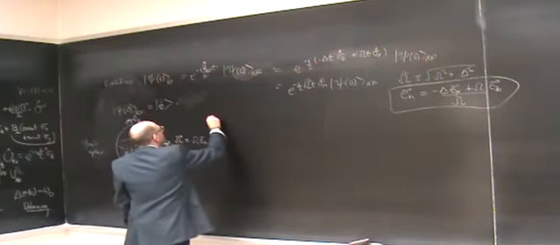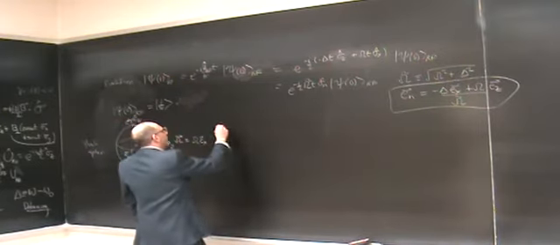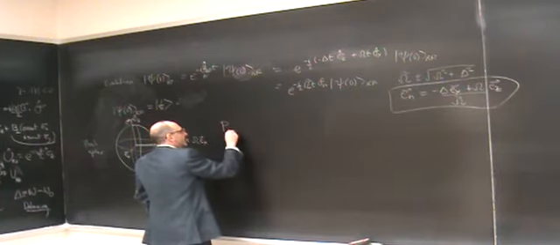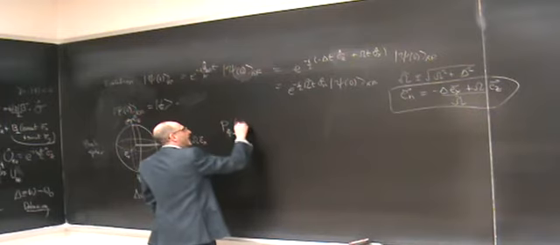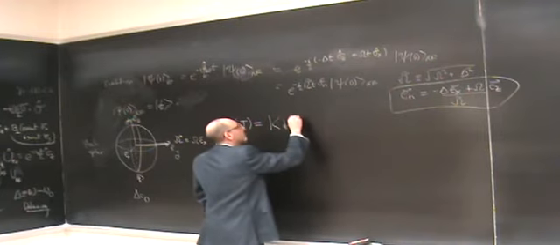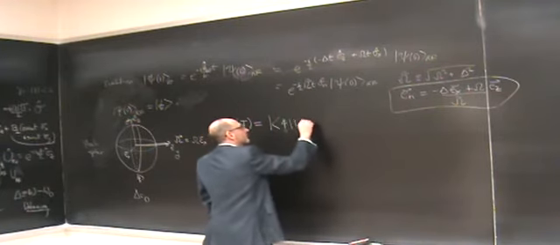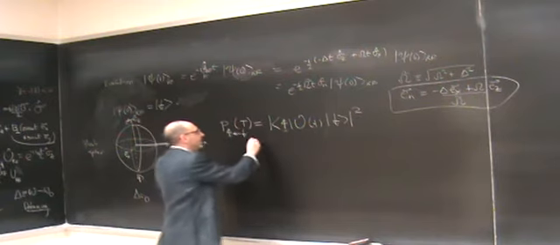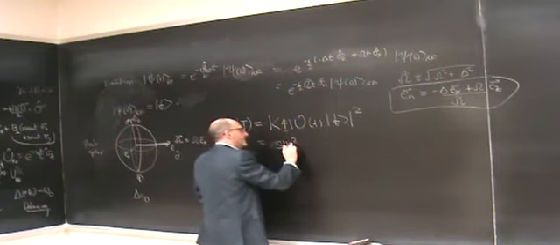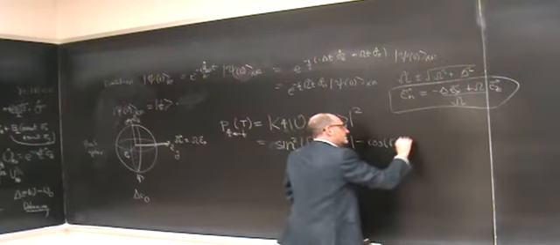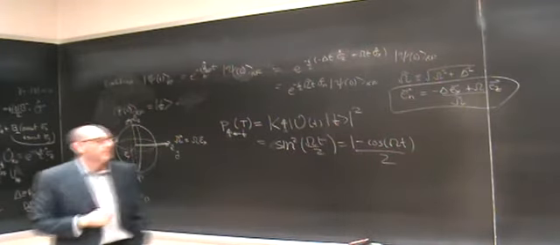And the solution in that case, the probability for going from spin down to spin up as a function of time, is this, which in this case is sine squared of the Rabi frequency times t over 2, right? Which is 1 minus cos over 2.